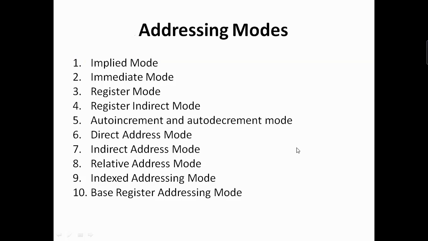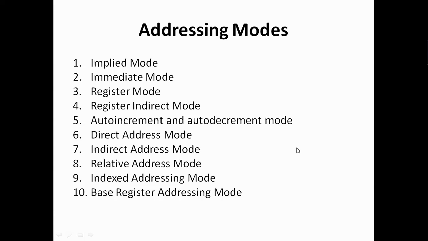Let us move to another topic, that is addressing modes. So a computer may use one or more addressing modes. We know that an instruction contains an opcode, and then it contains an address. So what type of address will it have there?